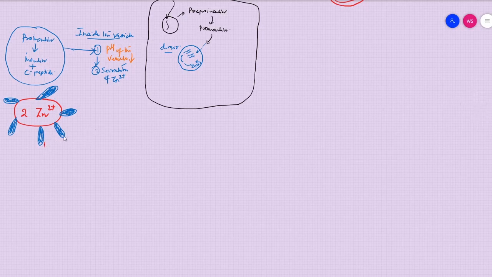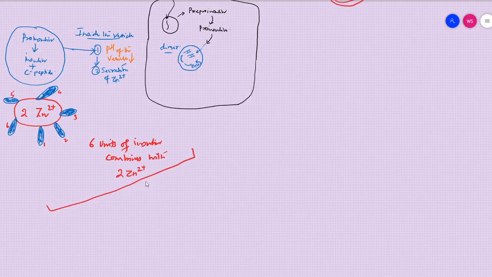Okay, let's number them. 1, 2, 3, 4, 5, 6. So 6 units of insulin combine with 2 zinc molecules, and this is called a hexamer.